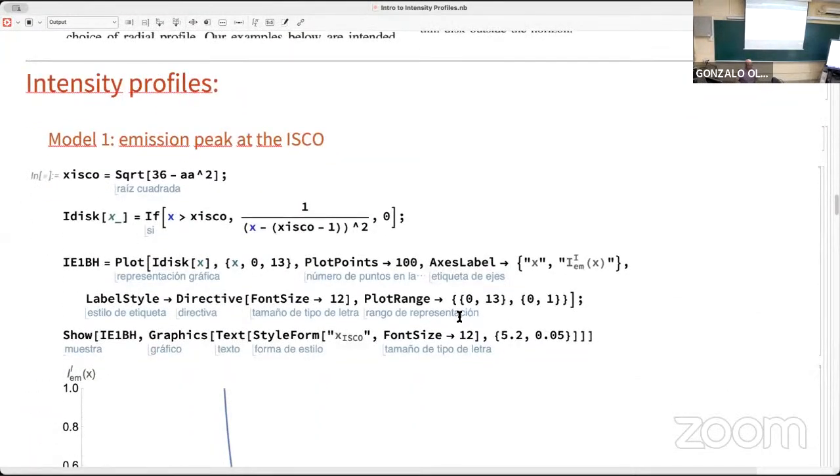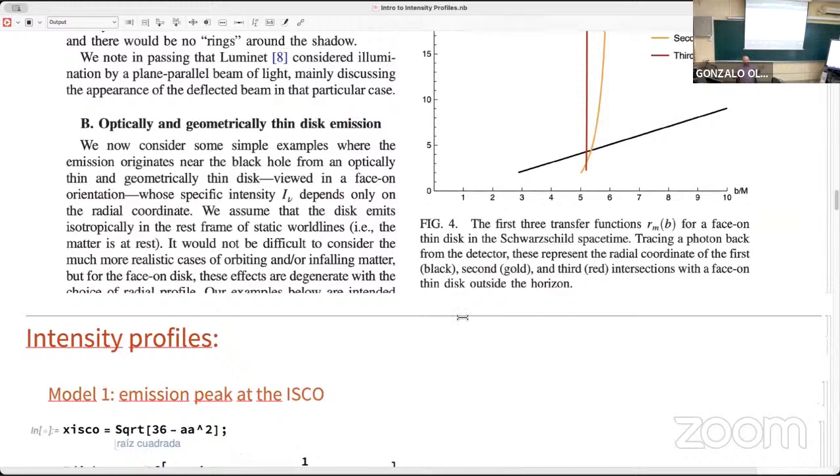Now we have all the information that we needed about the geometry. We know that for a given impact parameter, that light ray is going to hit in these 3 points at most: at least 1, maybe 2, and maybe 3. For all our 400 geodesics, we have all this information.